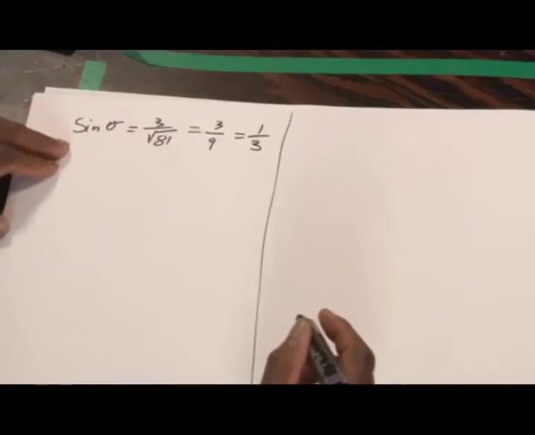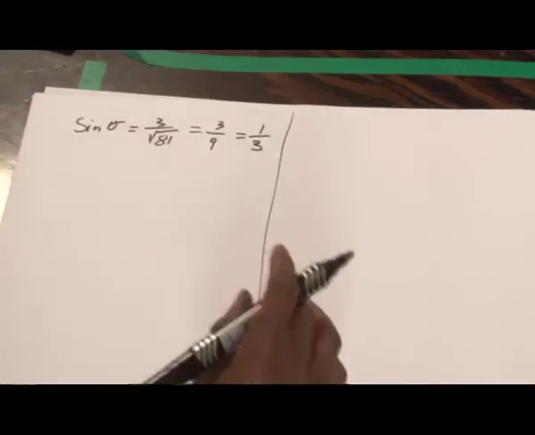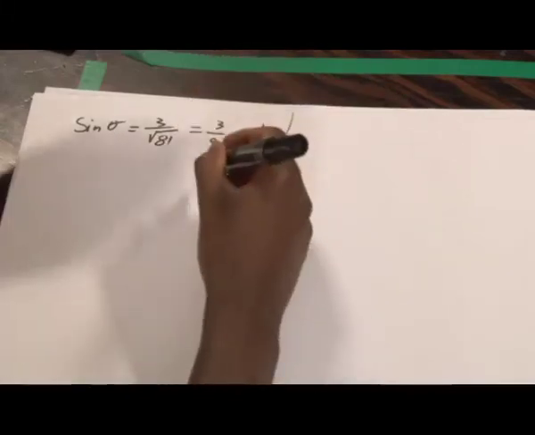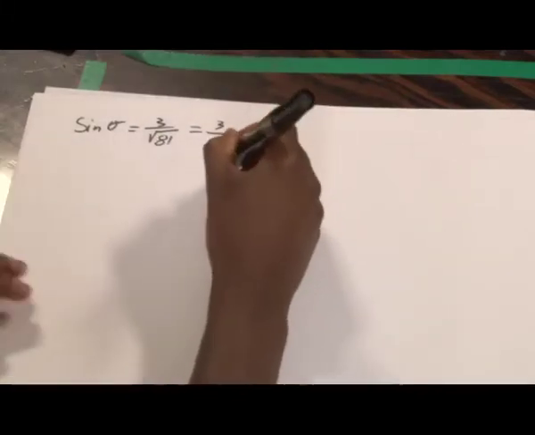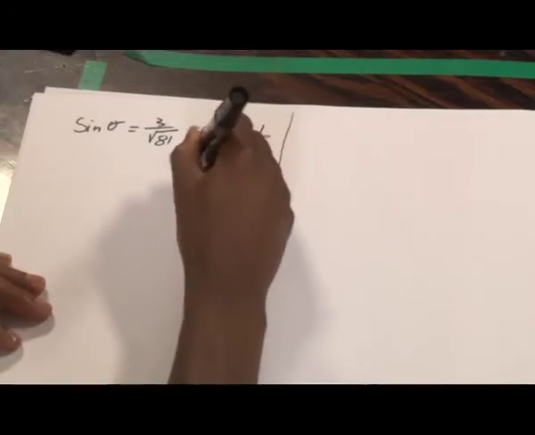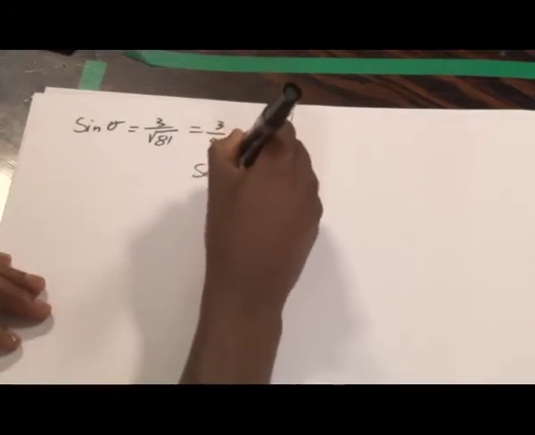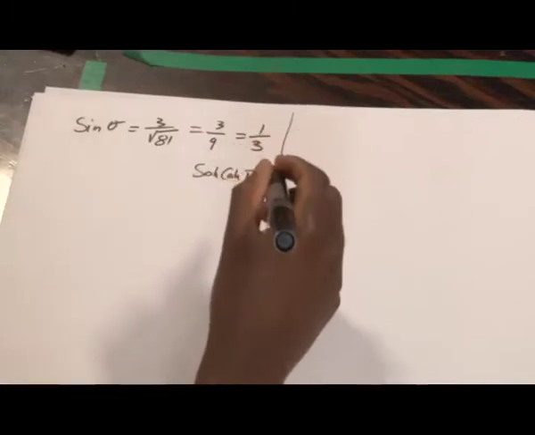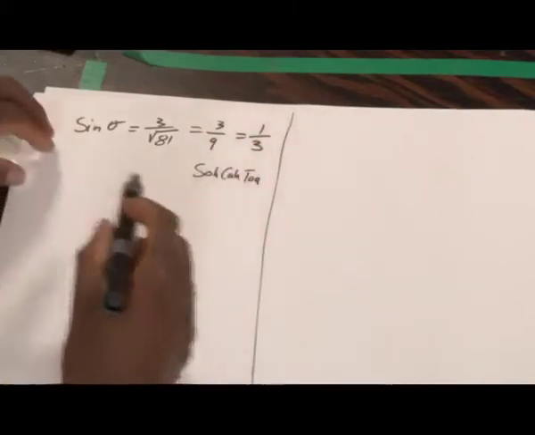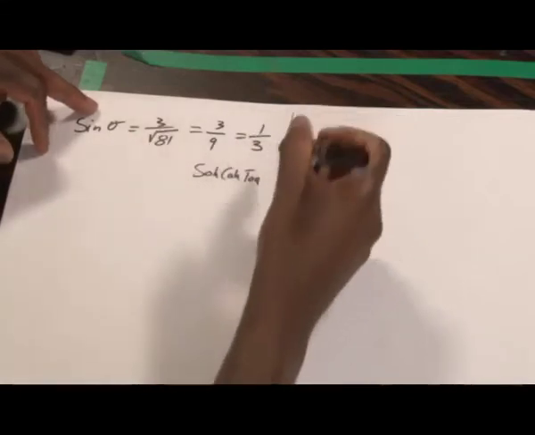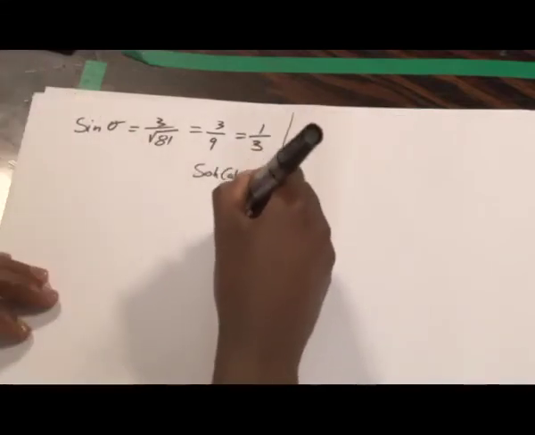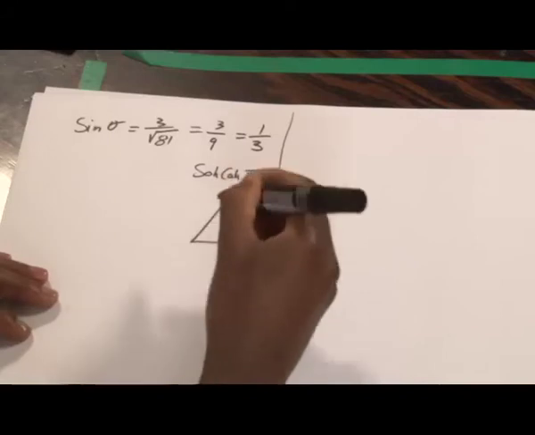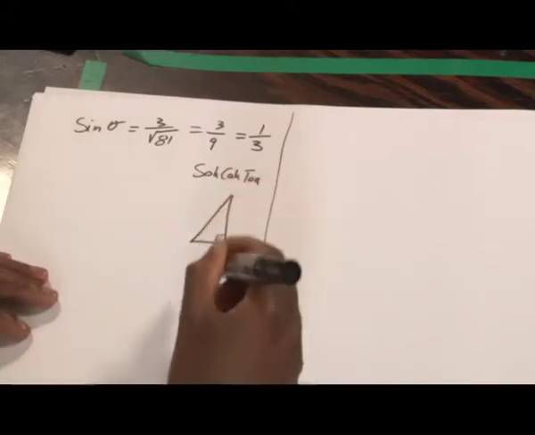Here it's sine. Remember, if you go back to your SOHCAHTOA, sine is opposite over hypotenuse. If you look at this, we are given that sine theta is equal to 1 over 3. So it's more like this is what we are having. This is a 90 degree angle.